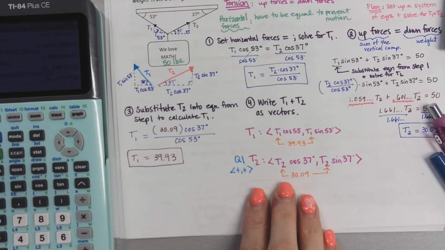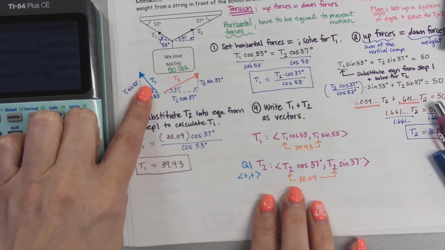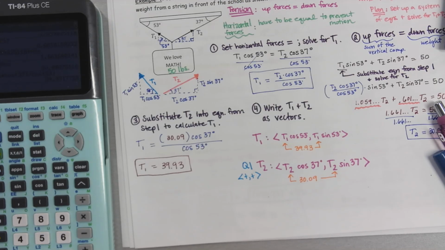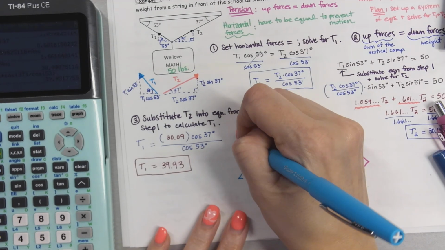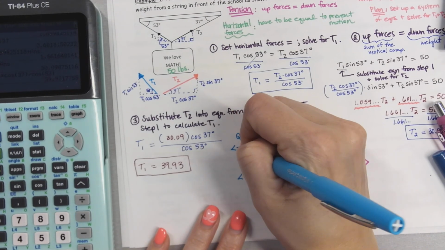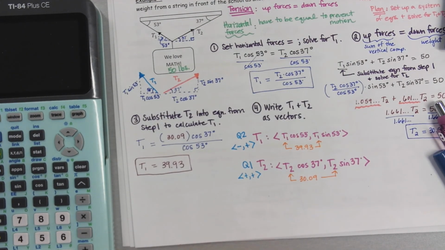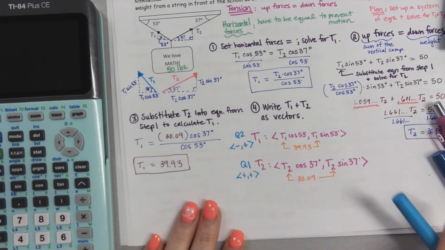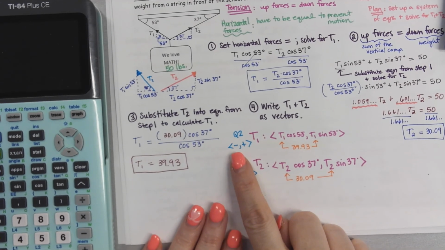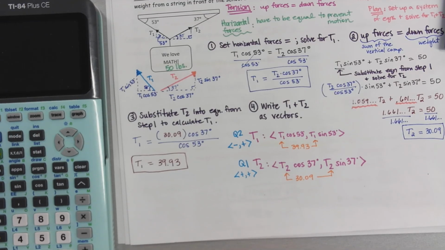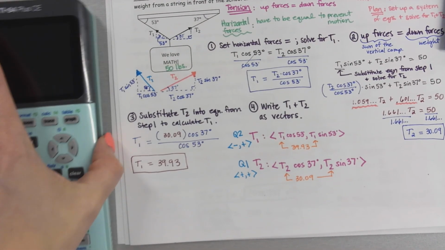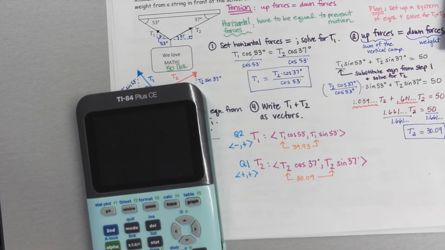For t sub 1, that is pointing in the direction of which quadrant? Quadrant 2. So you should have a negative and then a positive. Now, this does not always naturally come out to be a negative, so we are going to have to make an adjustment there. Now we can calculate.